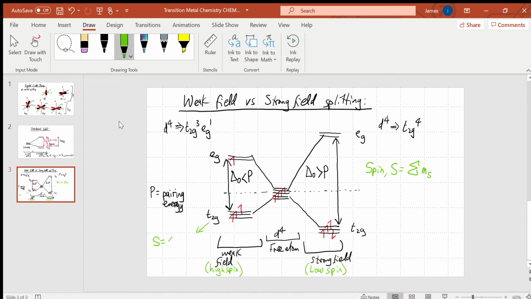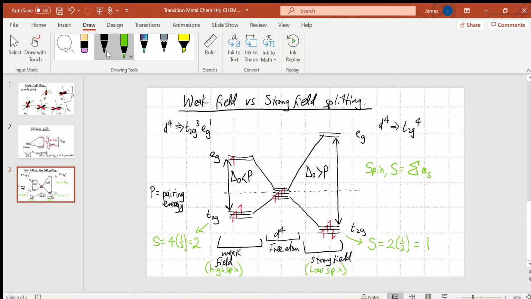So it's going to be 4 lots of a half, which is 2. And then for the strong field low spin case, we have 3 up and 1 down, so the down spin cancels one of the up spins. We have 2 net up spins, so that's 2 lots of a half, where each electron is spin a half, and that's just equal to 1.